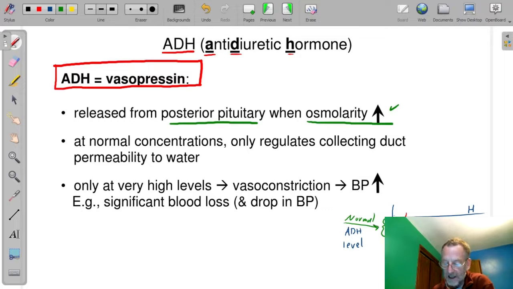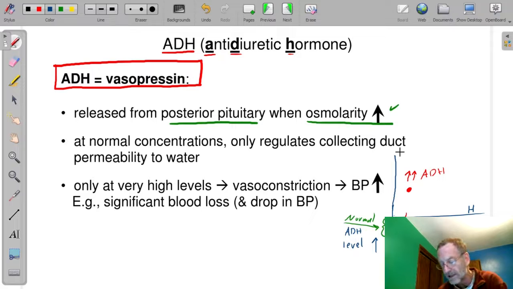However, at that low level, ADH has minimal effect on blood vessel constriction. However, if ADH levels increase dramatically, and now we have ADH levels up here, very high ADH, let me extend my axes up here a little bit more.